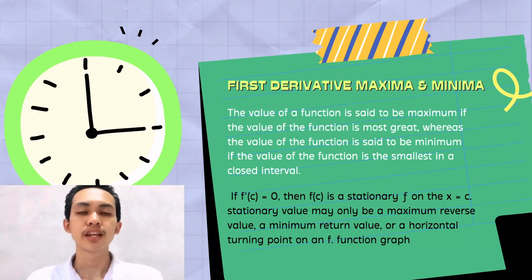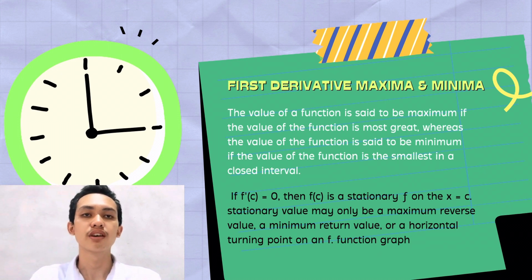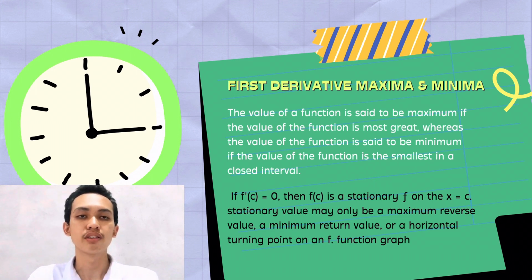If f'(c) = 0, then f(c) is a stationary value of f at x = c. A stationary value might only be a maximum return value, a minimum return value, or a horizontal inflection point on the graph of the function f.